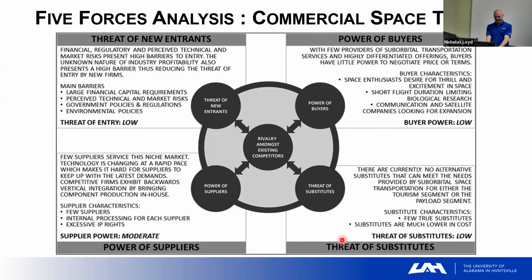Maybe if we advance the slingshot or the catapult, we can get people up there. But otherwise, not a lot of threat of substitute products or services. And then the buyers, what leverage do they have? Not a lot, because there's not a lot of other options. Oh, you don't want to pay $250,000 with us to go hang out in space? Go get all the other people that are offering that. Oh, there's not any? Okay.